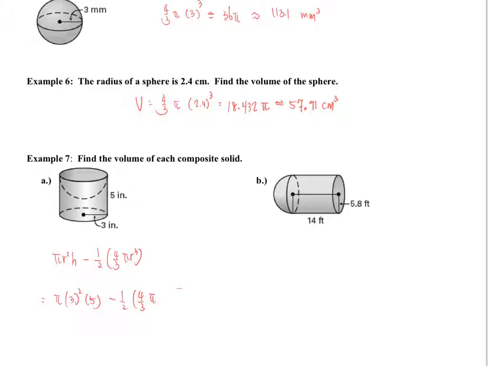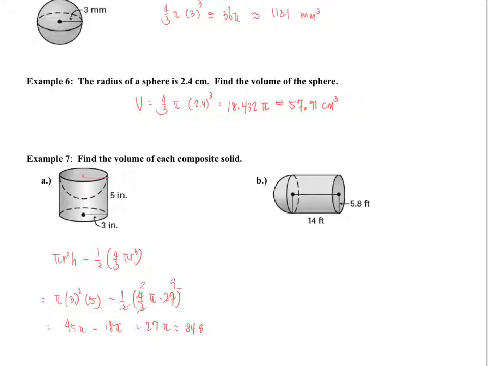The radius is also 3 for this cylinder, so cube it, we get 27. When we simplify this, we get 45 pi minus 18 pi, which is 27 pi.